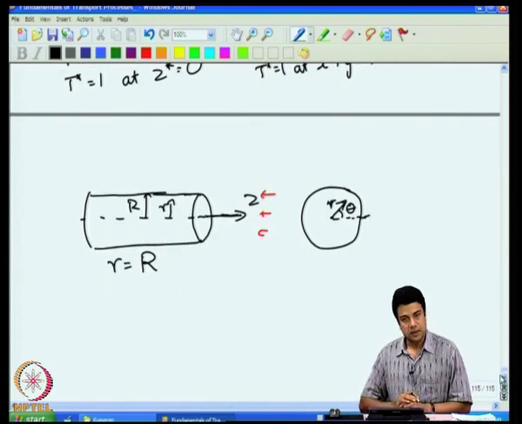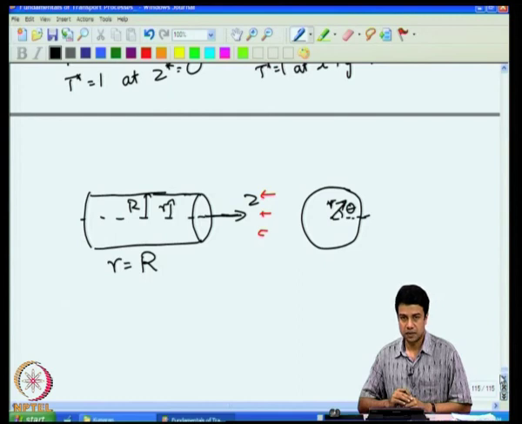In this particular case, since the coordinate system is curvilinear, the surfaces of constant coordinate are no longer planes. The surface of constant r is a cylindrical surface.